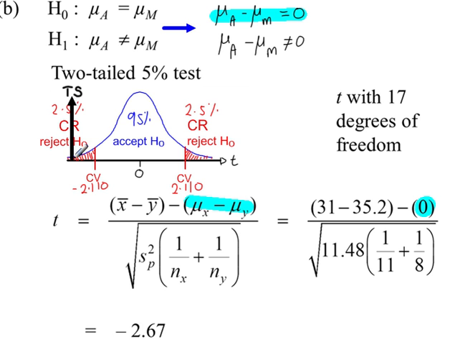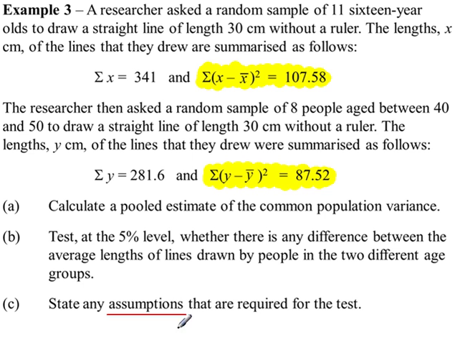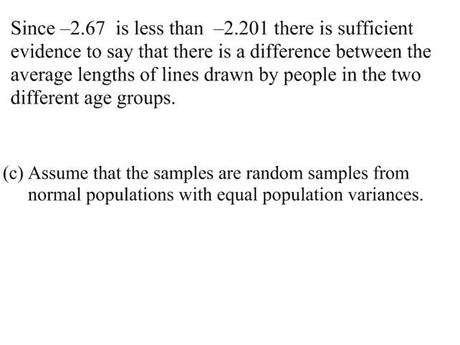Our test value of minus 2.67 is less than minus 2.11, so we're going to reject H0. And the conclusion in context. And the assumptions for the test. We assume that the samples are random samples from normal populations with equal population variances.